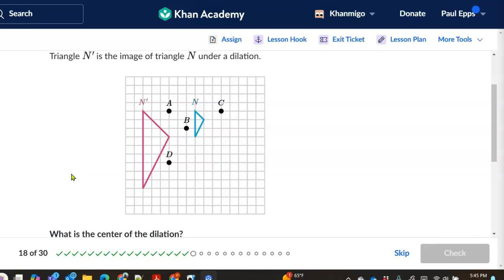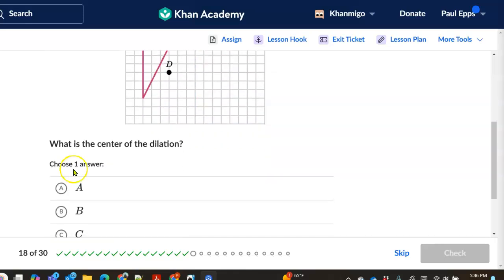So, we can tell, first of all, like from n to n prime, the answer has to be either A or C. Now, if we draw a line from the rightmost point of the triangles, extend that out, it's going to hit C. It's not going to hit A, and the same thing is true with the lowest point. So the center of the dilation is C. All right, let's go with that.